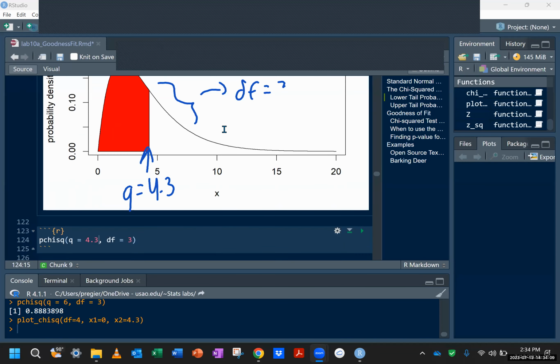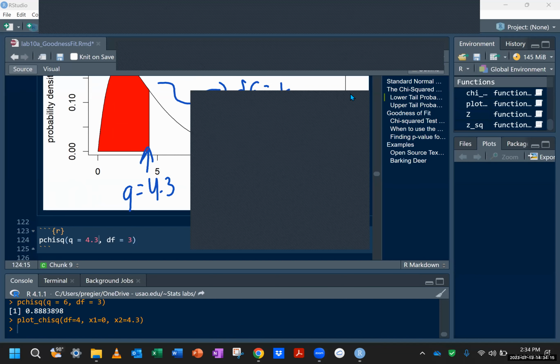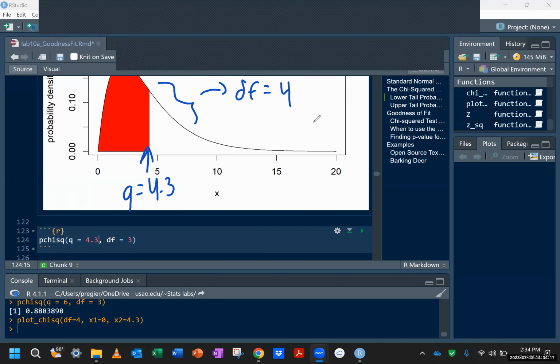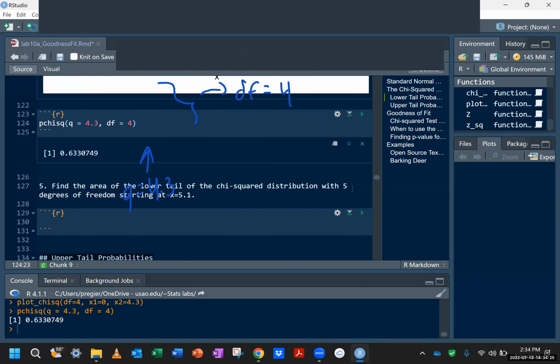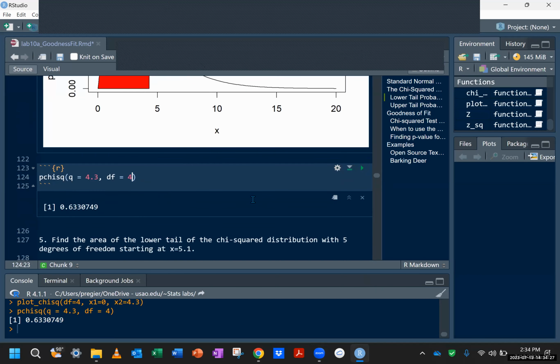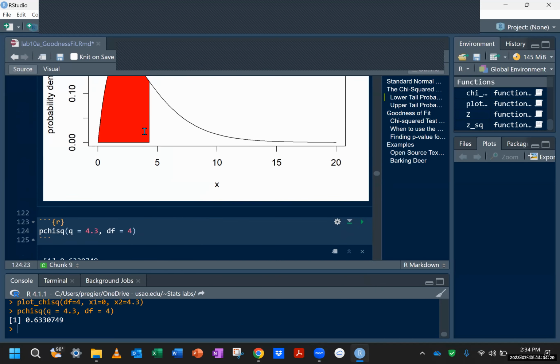Yeah, 4 degrees of freedom. So we'll have to also change this to 4. So there's my answer for the area that I highlighted here.